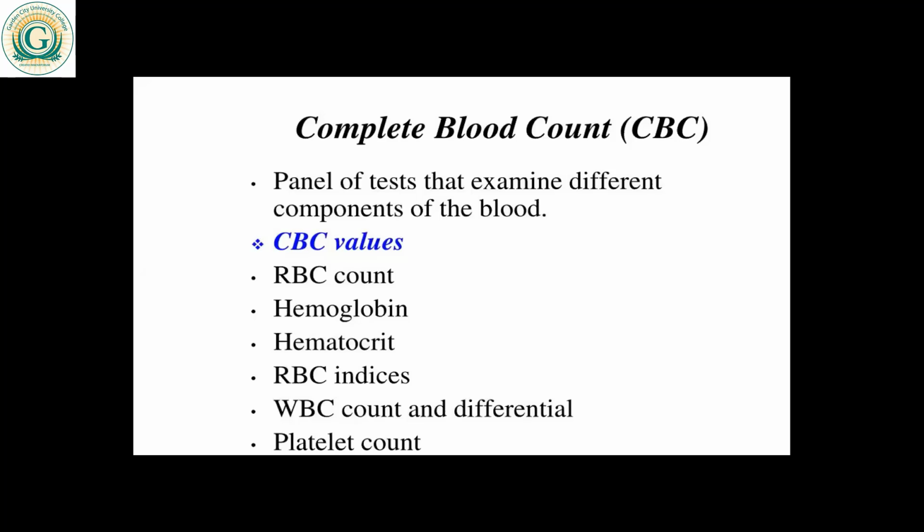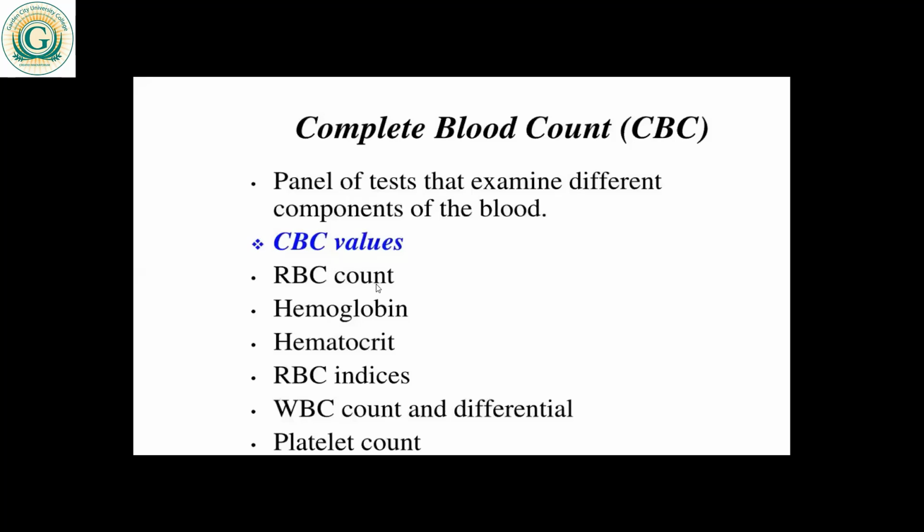You have normal levels of platelets, the normal size of red blood cells, the normal weight of red blood cells, normal volume of hemoglobin, normal concentration of hemoglobin. All these parameters enable us to assess whether the blood is in its normal state.